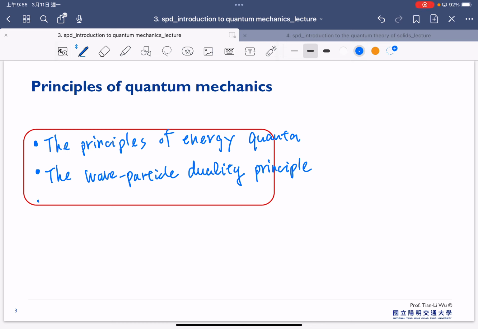And then the third is the uncertainty principle. So those are the basic three principles that we will have to use to understand quantum mechanics.